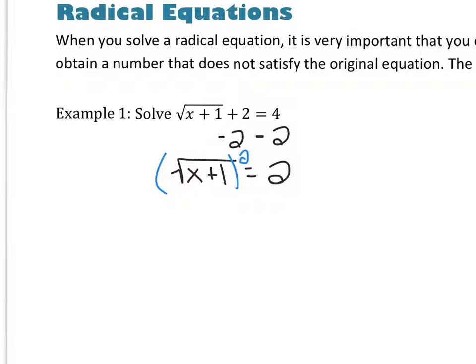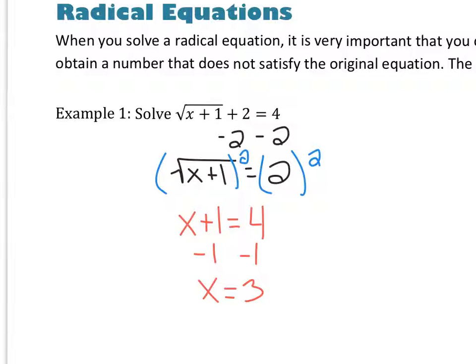Now if we square the left side, we have to square the right side. Squaring the radical will cause it to go away. So we'll be left with whatever is underneath. So we'll have x plus 1 equals 2 squared, which is 4. Solve for x. So we'll subtract 1 and x will give us 3.